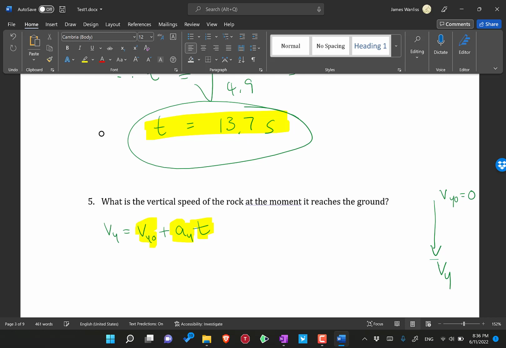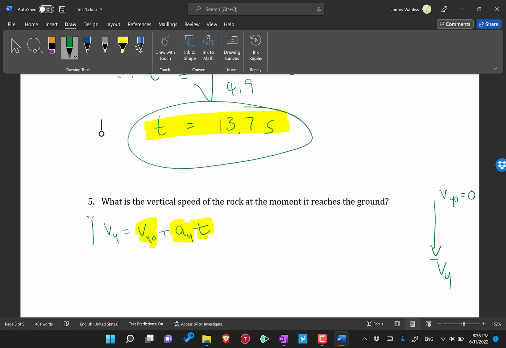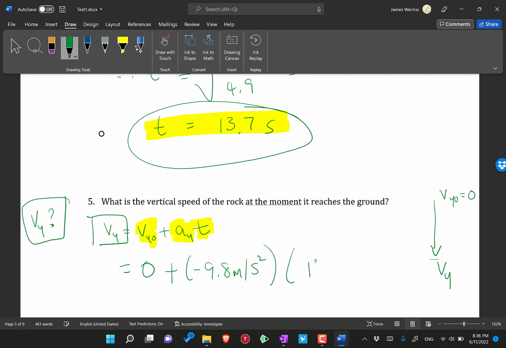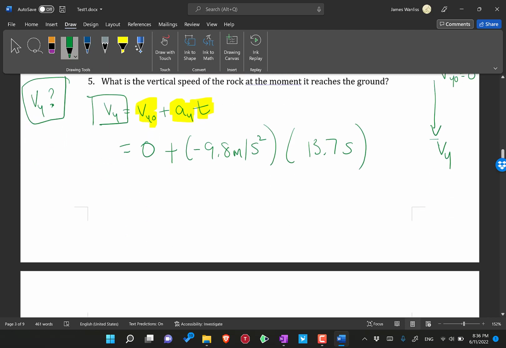I know we start from rest, so okay, great. I can find vy. That's what I want to find. So we just go ahead and plug everything in: 0 plus minus 9.8 meters per second squared times 13.7 seconds. And that is minus 134 meters per second.